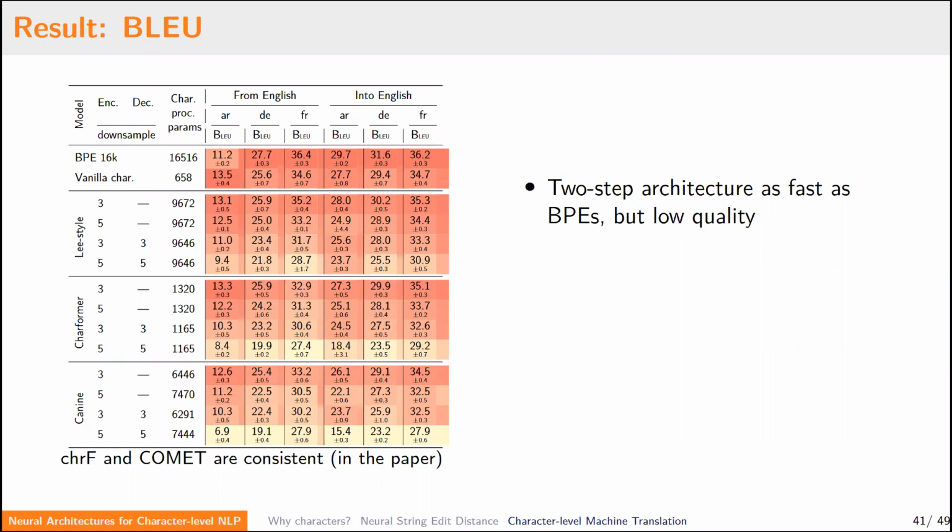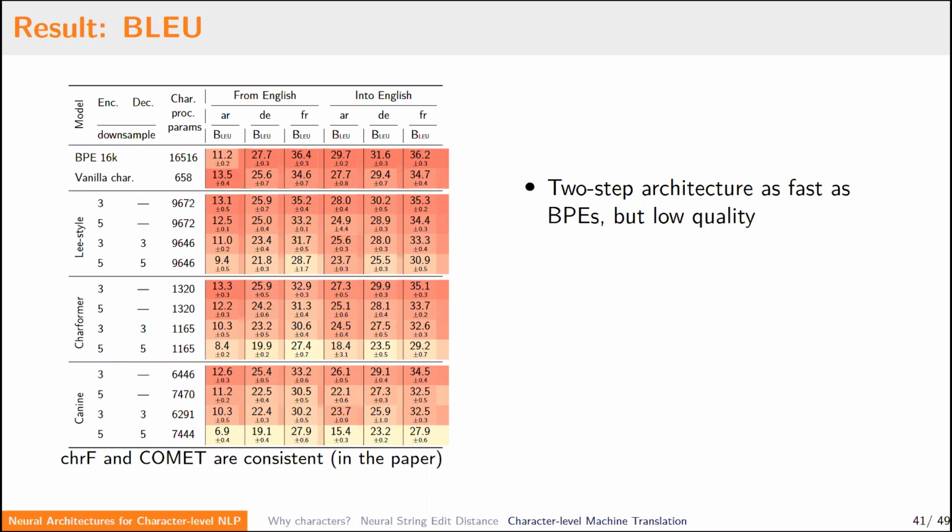And if we compare the character processing architectures, it appears that the oldest one, the one from 2017, is actually still the best one.